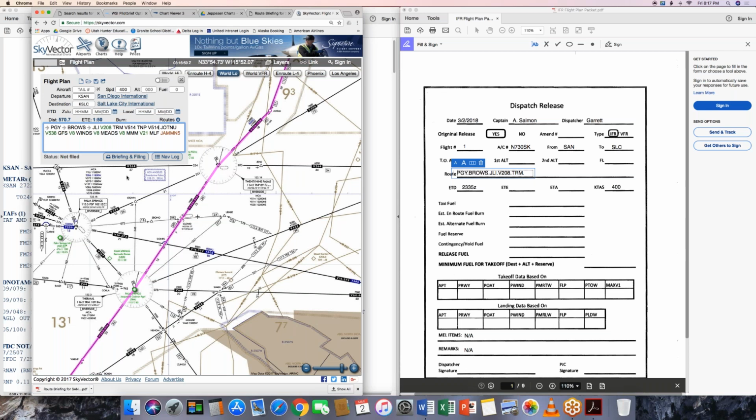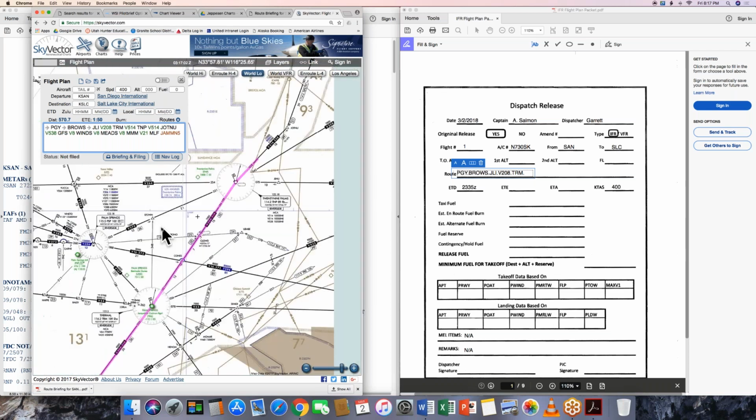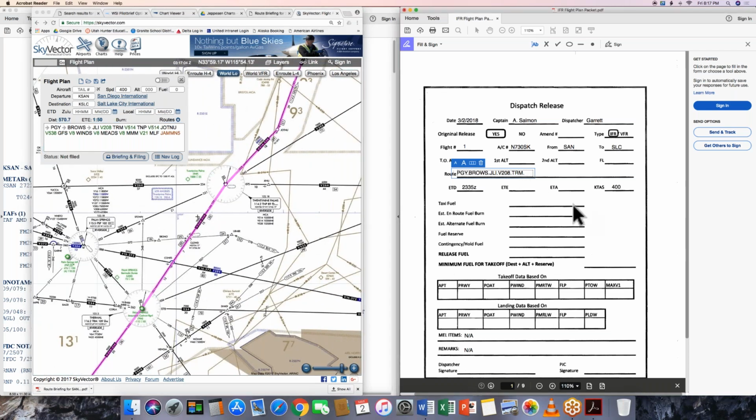So we're just going to leave it in there because it's cleaner. We're basically putting down the places where the pilots are going to make a change in their heading. Does that make sense?